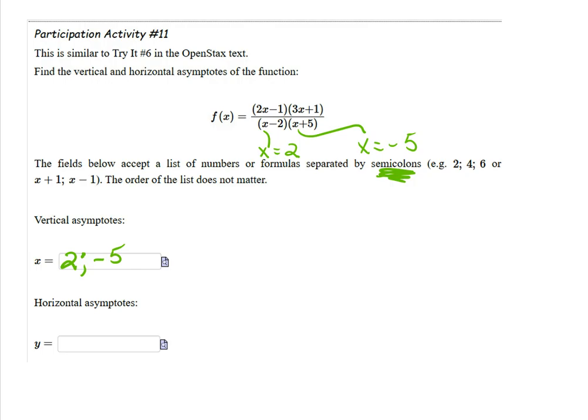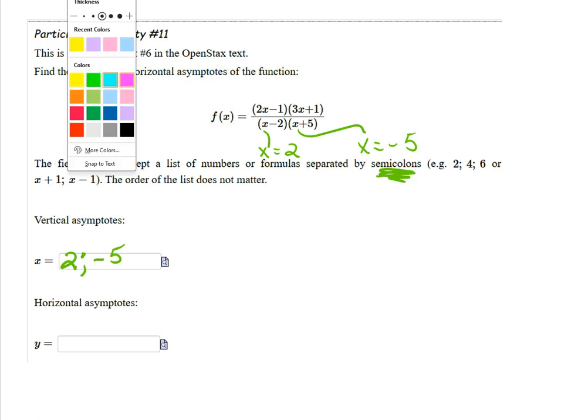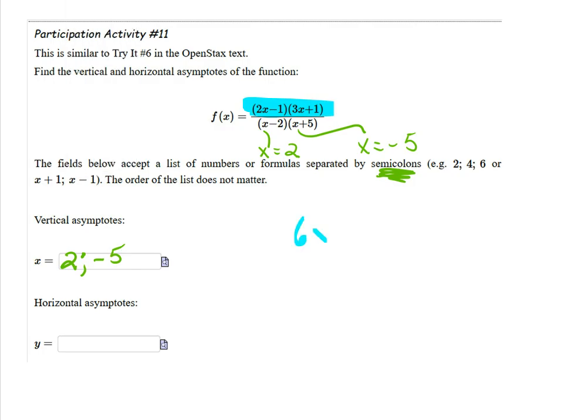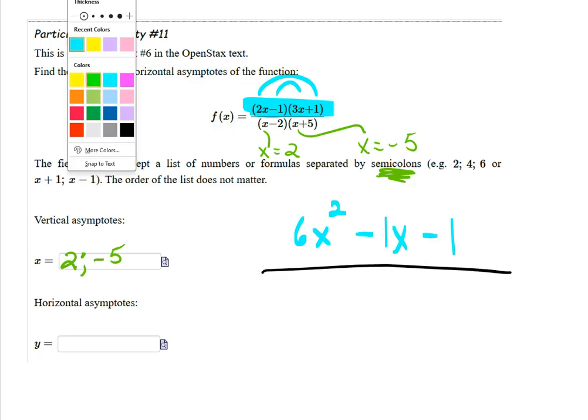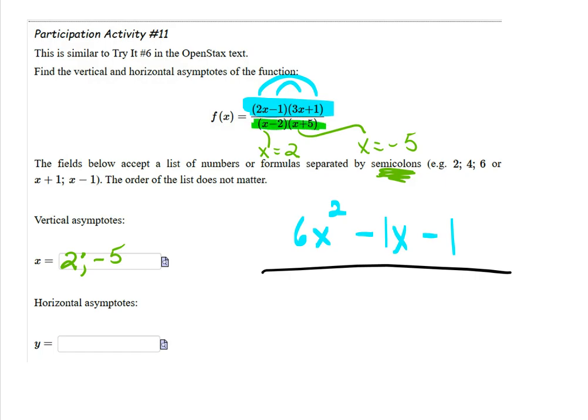For the horizontal asymptotes, if you take the numerator and FOIL it out, I would get 6x squared. I'd have 2x on the outside, -3x on the inside, so -1x in the middle, and then last times last is -1. Over the denominator, if I FOILed it, I'd get x squared, and then 5x and -2x is +3x, minus 10.